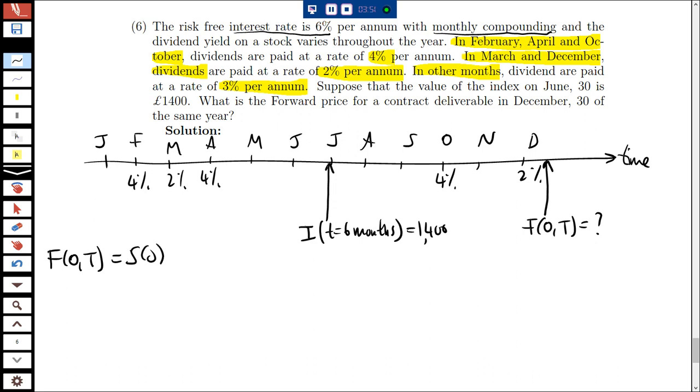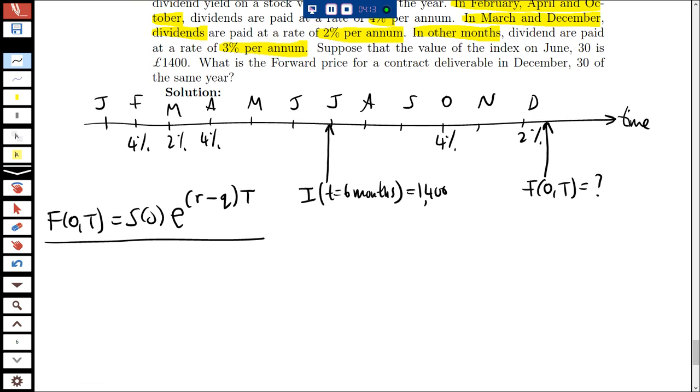The underlying asset, which is typically a stock, is normally written S. We have the rate of interest, which is a continuous rate. The question here isn't continuous, so we have to be careful. Then Q, some average yield, times T. This is the equation you will see and we need to work with. Q is the average yield over the life of the forward.